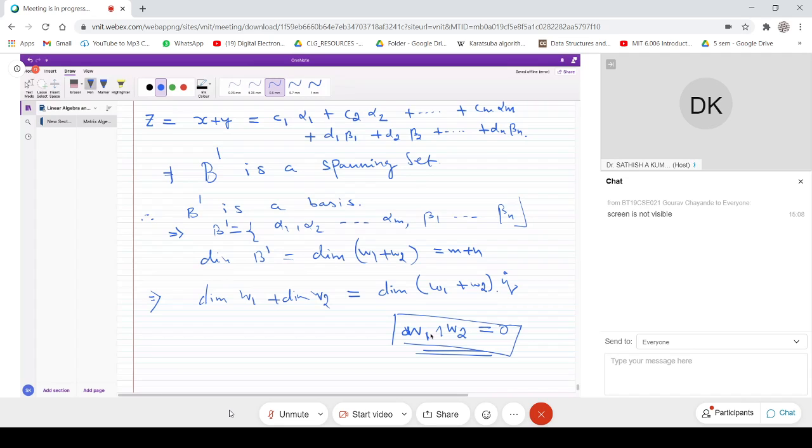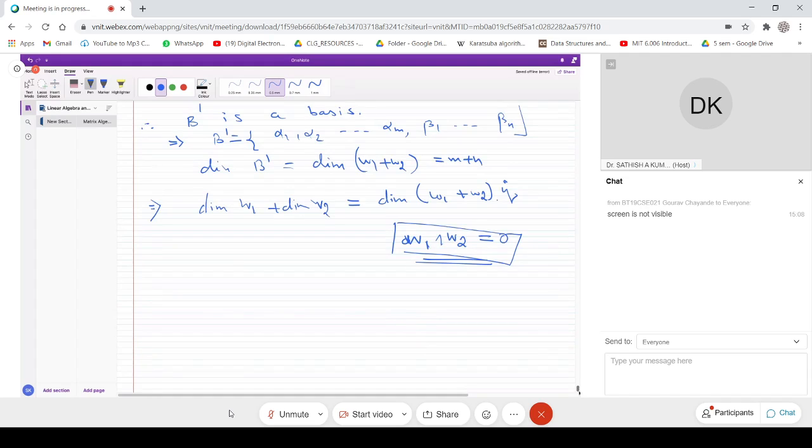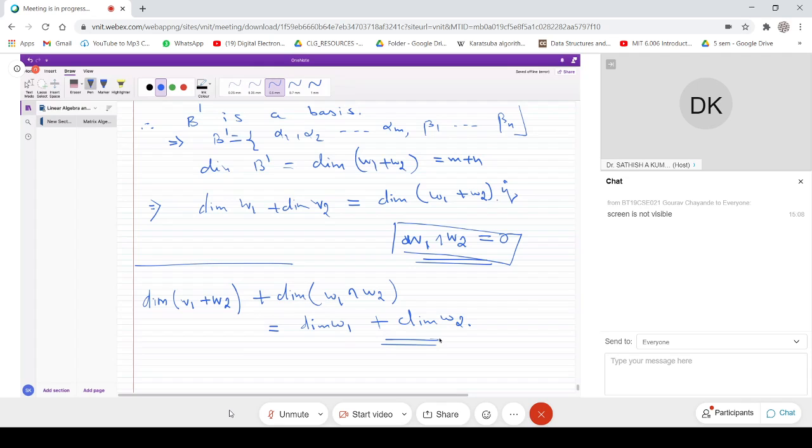So the more general form of this theorem is: the dimension of w1 plus w2 plus the dimension of w1 intersection w2 is the same as the dimension of w1 plus the dimension of w2.